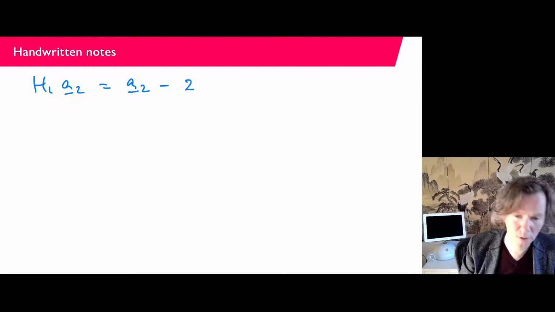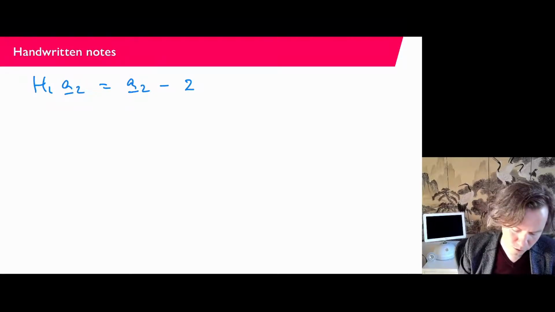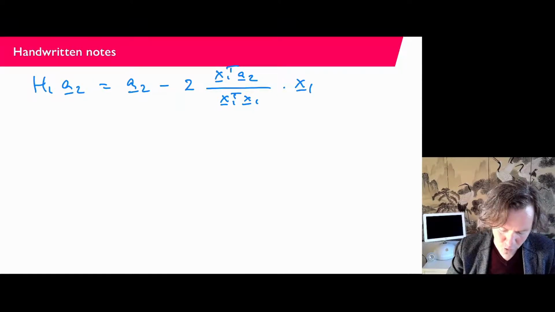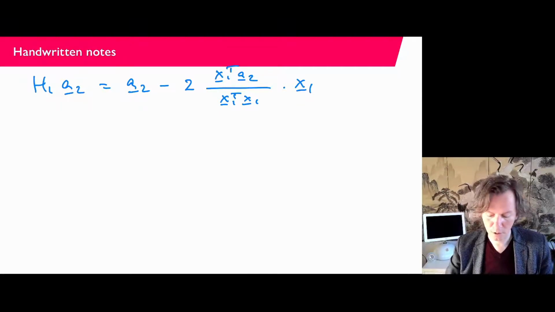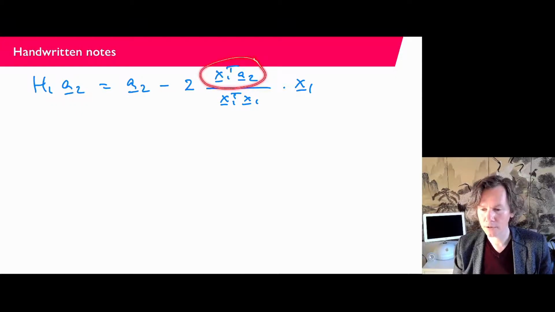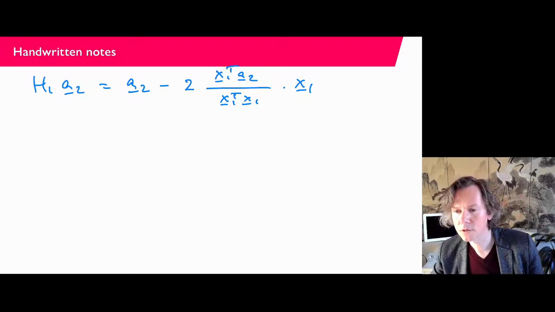What we get there is that H1 a2 equals a2 minus 2 times x1 transpose a2 over x1 transpose x1 times x1. If you compute that, you have to compute this inner product, and you would hopefully find minus 66.